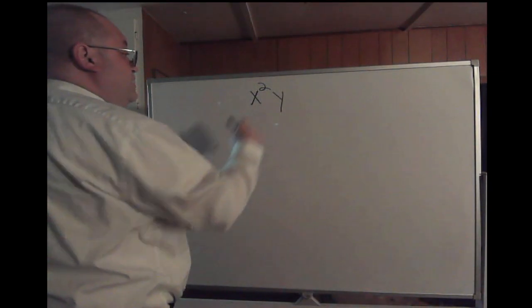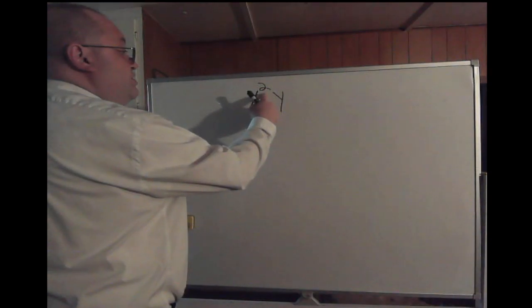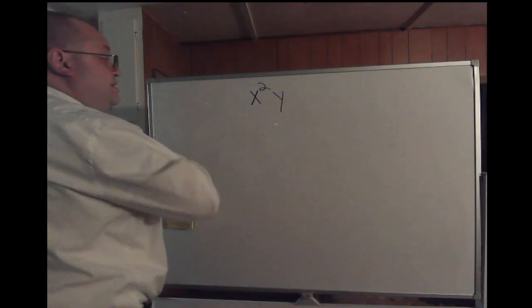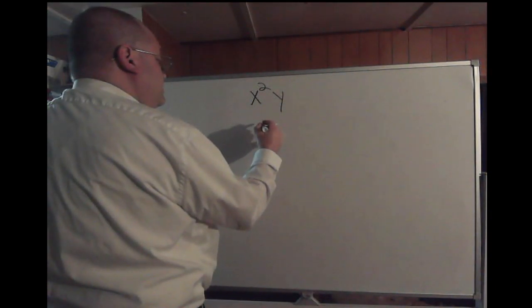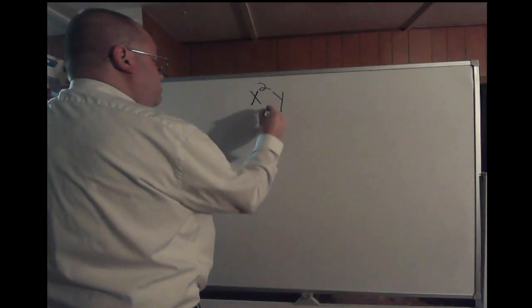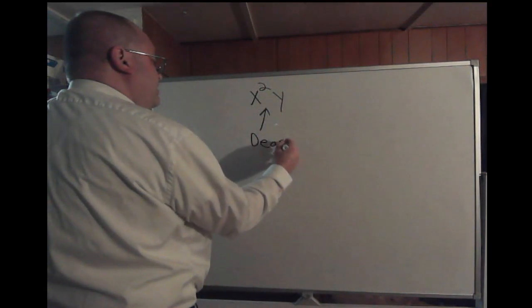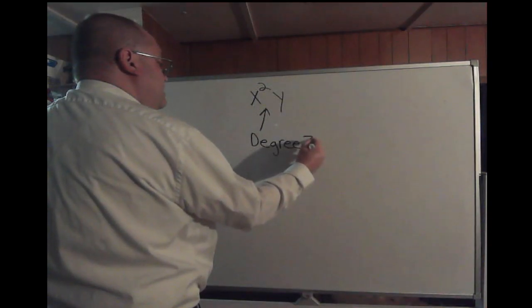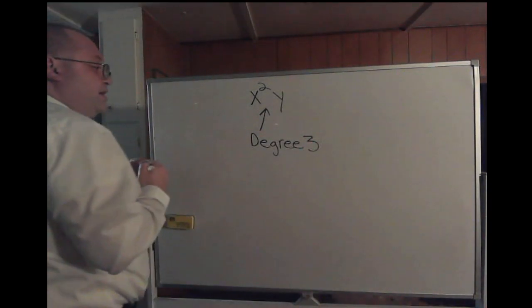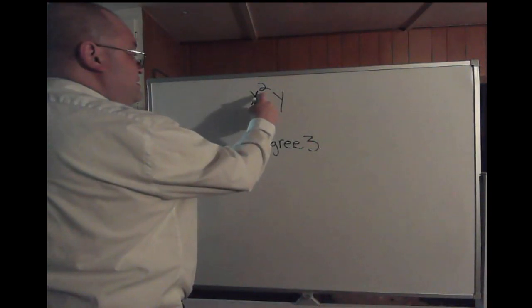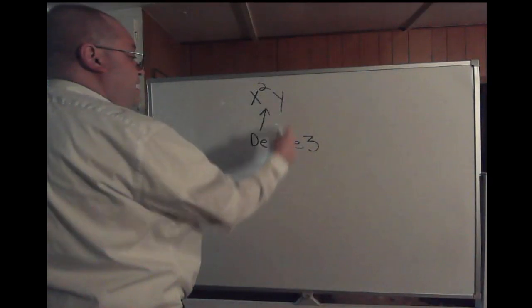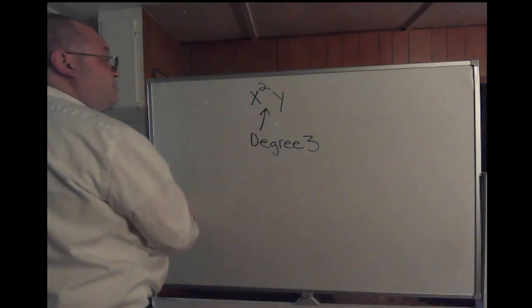So the x term has a degree of 2, the y term has a degree of 1. So 2 plus 1 is 3. This monomial is of degree 3. It's a third degree monomial because you have x to the second power, y to the first power.